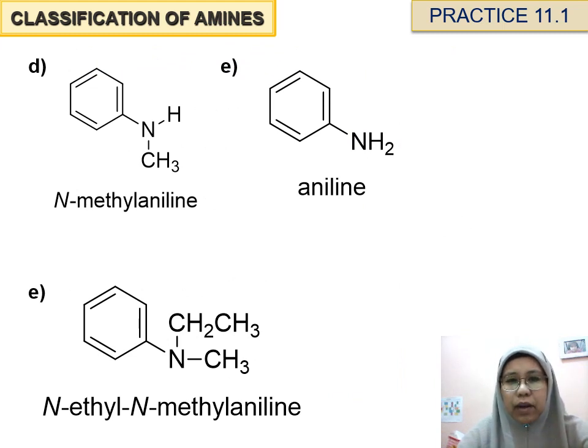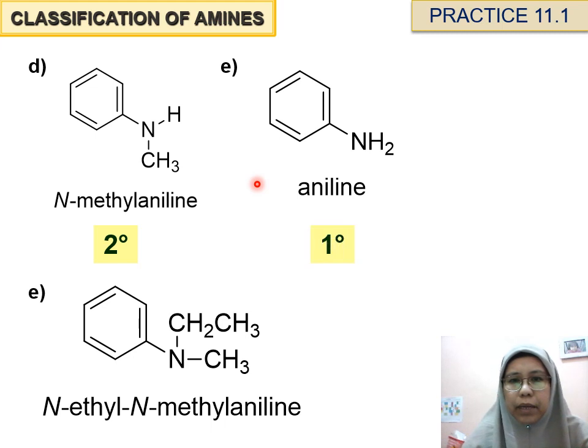These 3 compounds are aromatic amines because they have a benzene ring attached to them. So let's do D. D has a methyl group attached to N. NH2, if attached to benzene, is called aniline. So we put methyl as a substituent attached to N. So the name for D would be N-methyl aniline, which is a secondary aromatic amine.